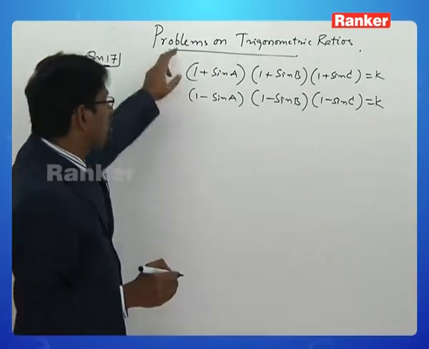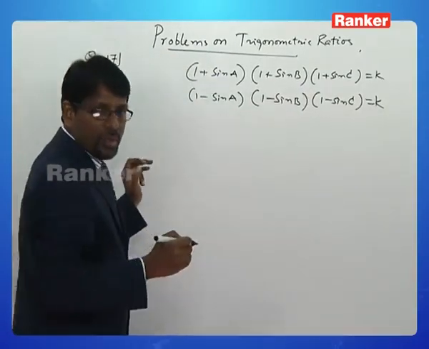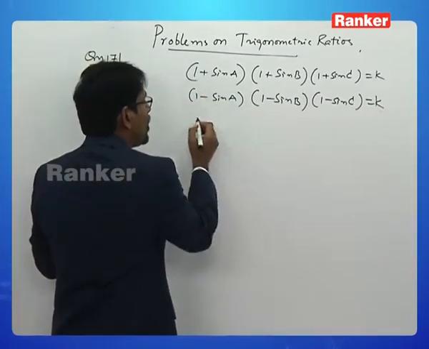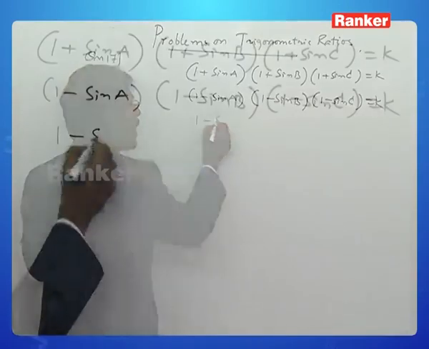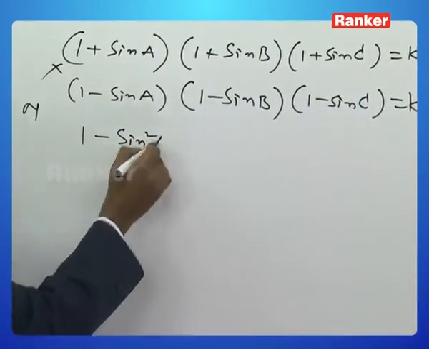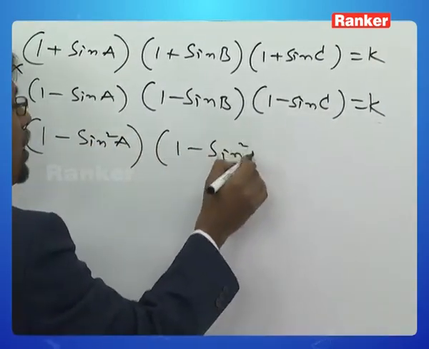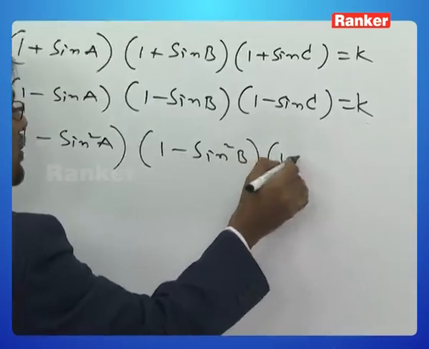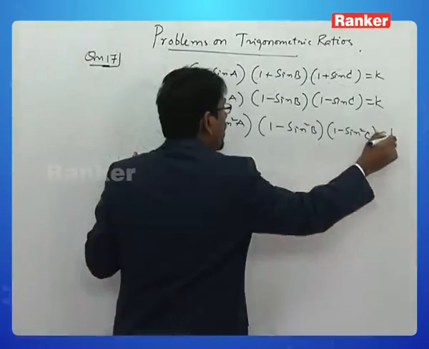So what we'll do is we'll just multiply these two. What do we get? 1 minus sin square A into 1 minus sin square B into 1 minus sin square C is equal to k square, k into k.